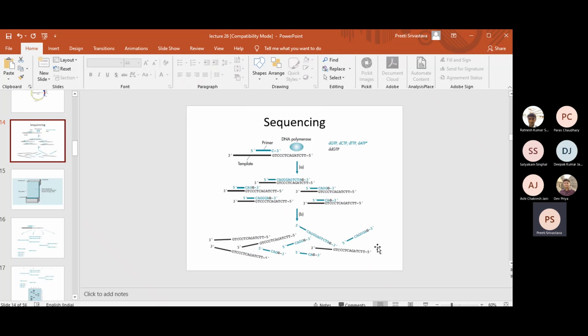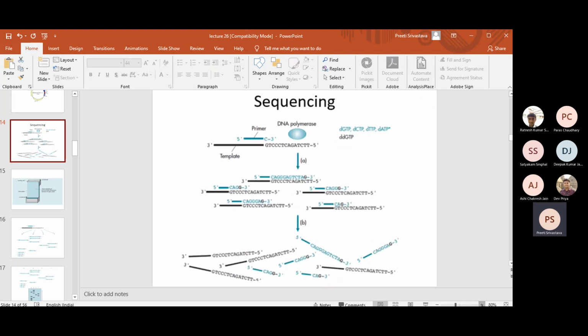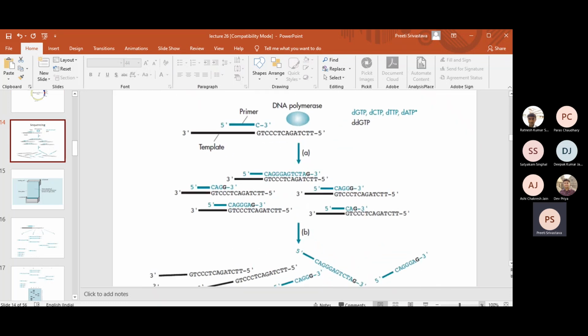So for this you need to pay attention again. This is the template. The template is actually the single-stranded DNA, correct? What you require for sequencing is a primer, and what you also require is a DNA polymerase, which I told you is Sequenase in this case.